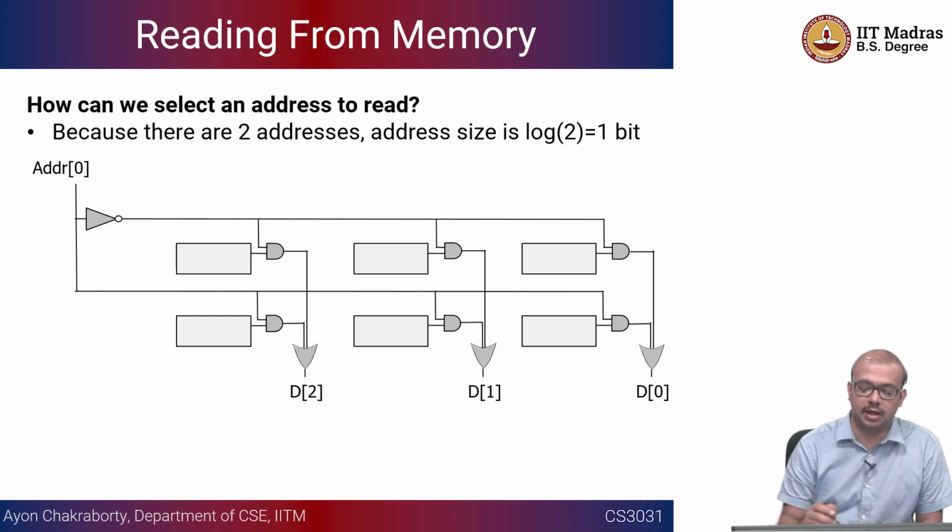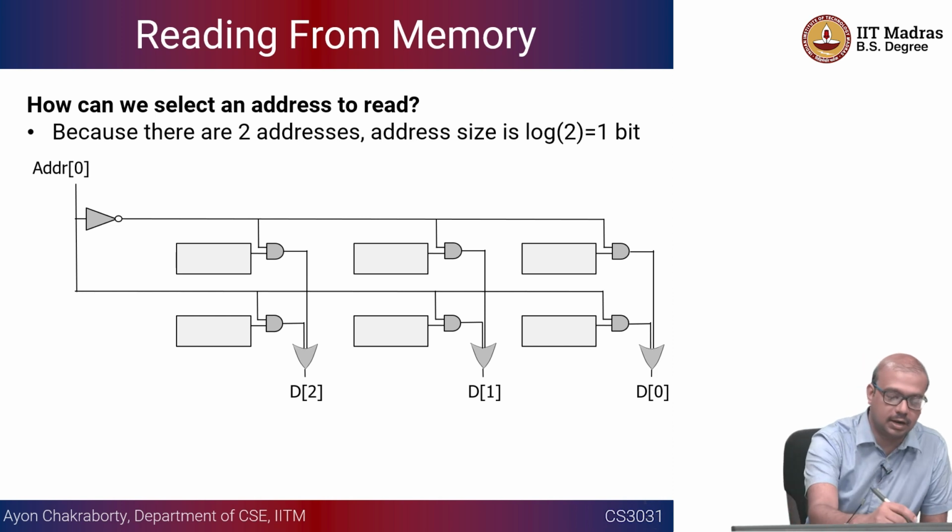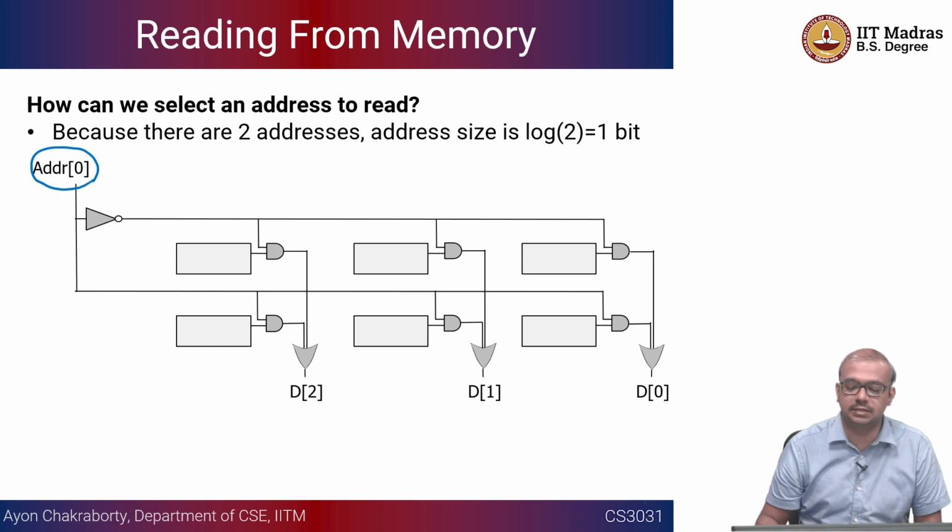These are your D flip-flops, which are going to store your data. Now you are going to issue this address, right? ADDR is basically your address, and this address is going to be only 1 bit. So either it will be 0 or it will be 1.